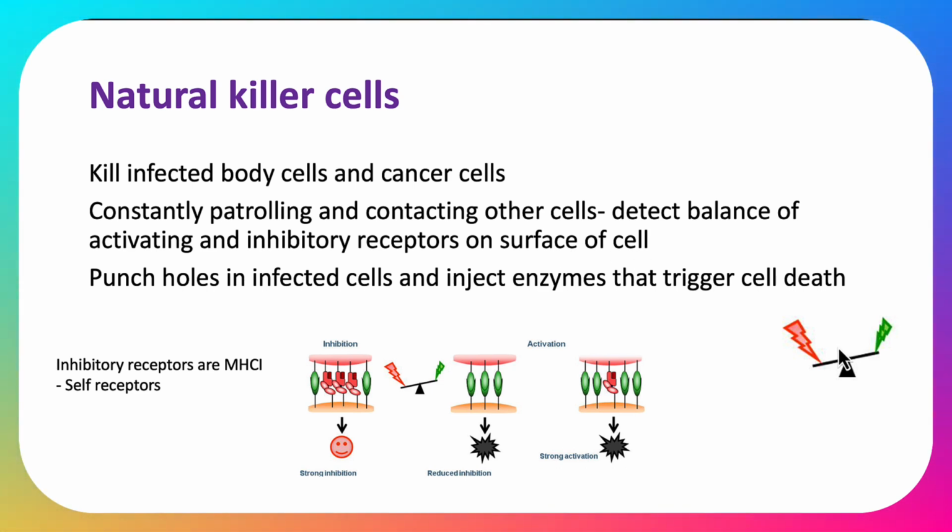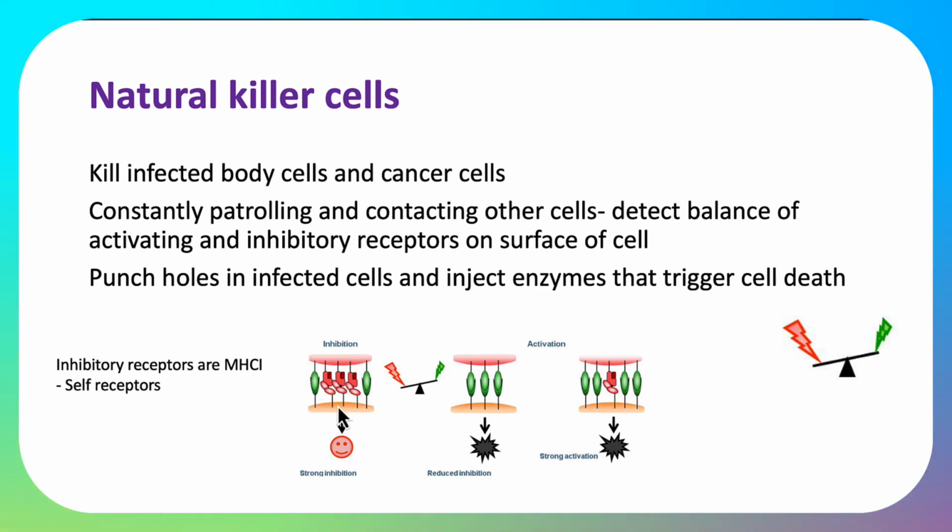They're constantly patrolling, and they come in contact with other cells, and they're detecting from these other cells, looking at the receptors, the self receptors, the MHC ones, but also whether there are any antigens. And it's kind of a balance between the two.